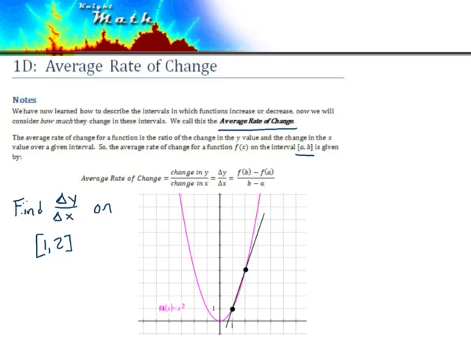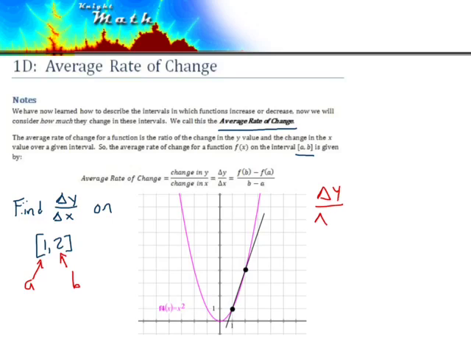That is the interval from 1 to 2 for our x values. Keep in mind, our a is 1, and this is our a, and this is our b right there.